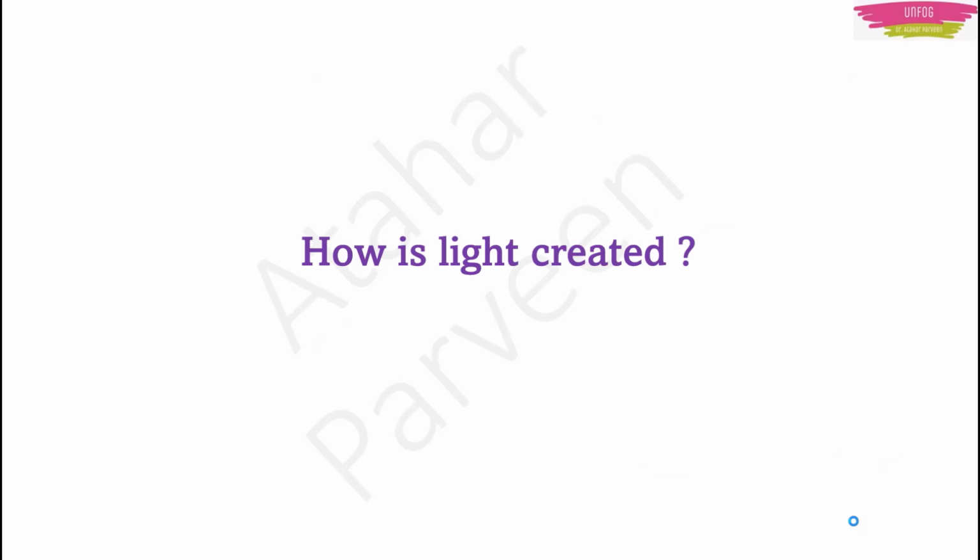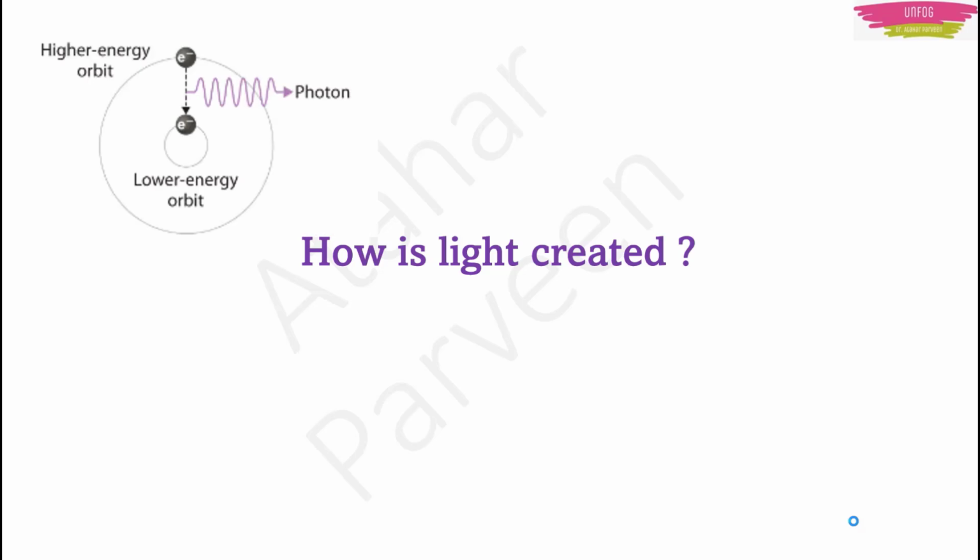Now, we talked about where we get light from. But how is light created? Now leave the sun apart. Don't think about the sun. Just in our common layman language, how is light created? Light is created by charges, right? The best example of charges is electrons. How do they create this light? The electrons change energy states.